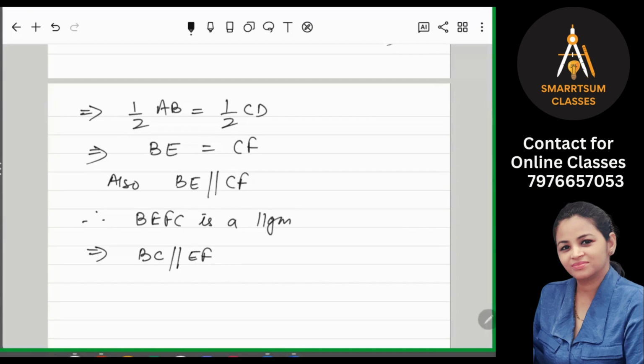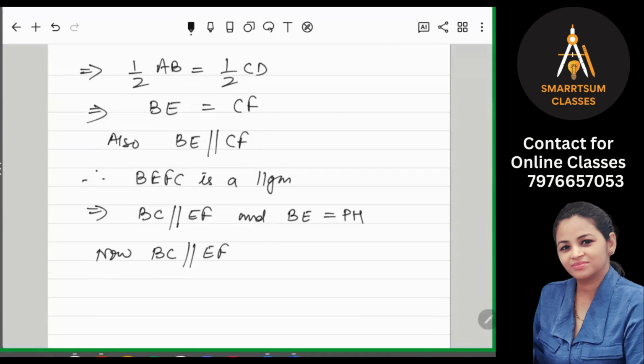And BE is equal to PH, right? Now, BC is parallel to EF. Okay. That means AD is parallel to EF.